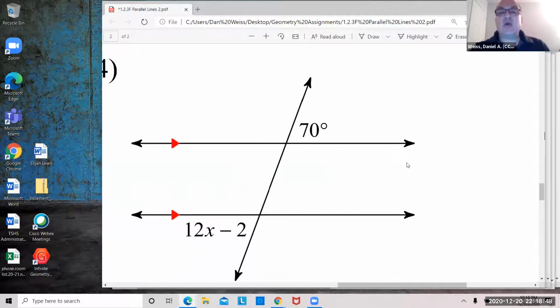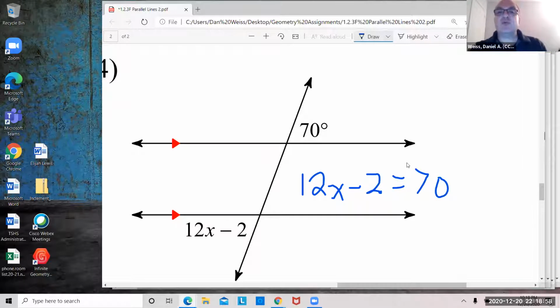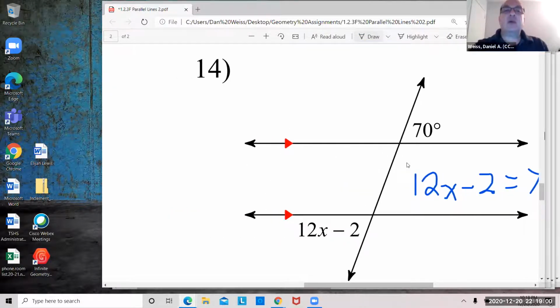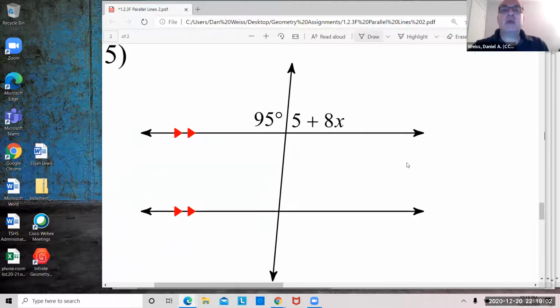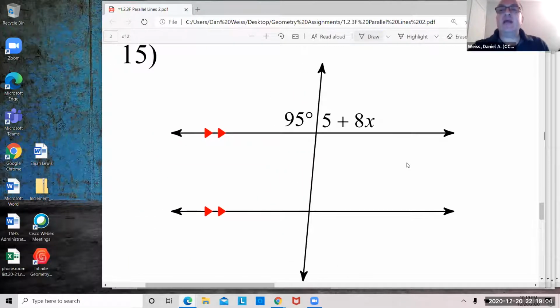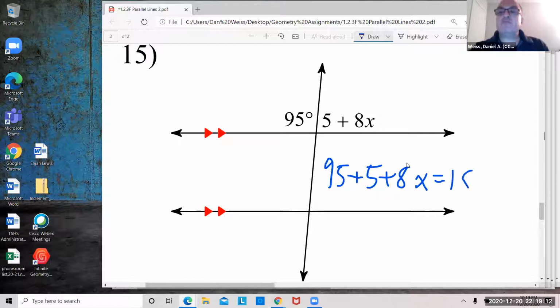Over here, the two angles are equal. They're alternate exterior angles. You're going to do 12x minus 2 equals 70. The two angles are equal. Solve for x. Here they add up to 180. So you're going to do 95 plus 5 plus 8x equals 180.